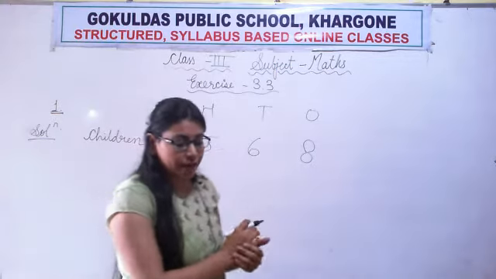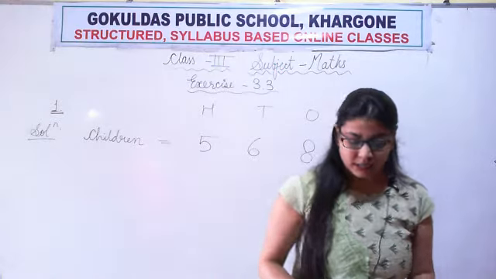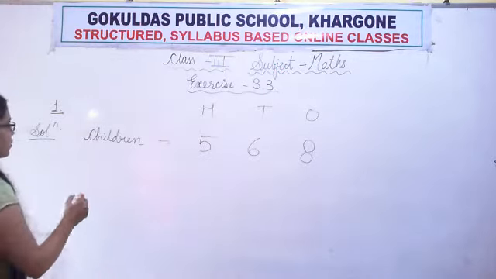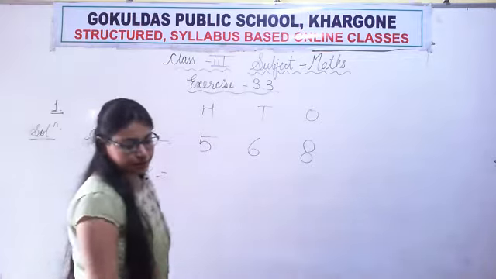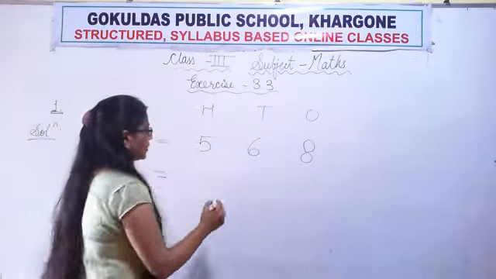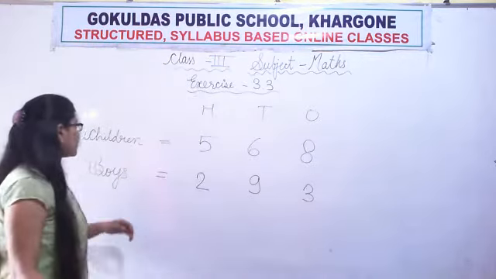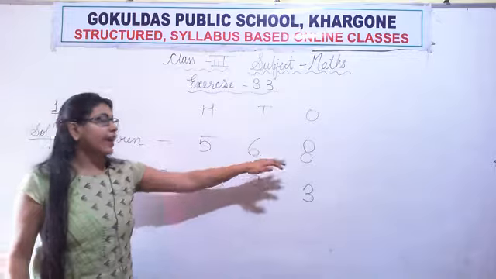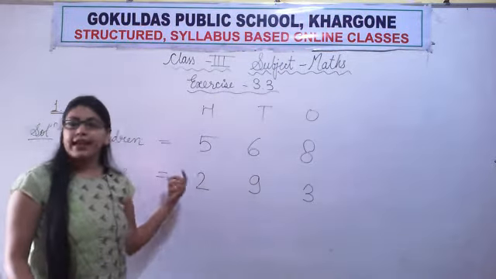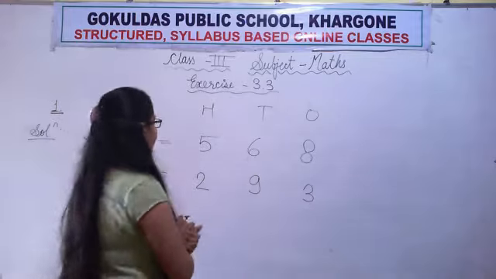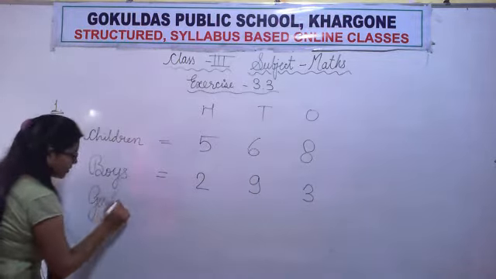Now how many are boys out of 568? 293 are boys. So let's write that also. 568 children in total and 293 are boys. So how will we get the number of girls?